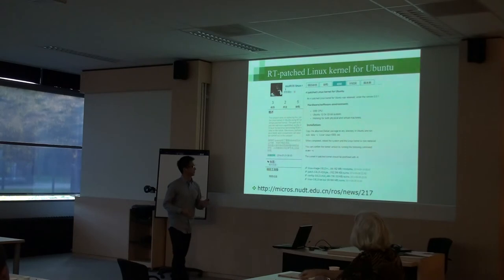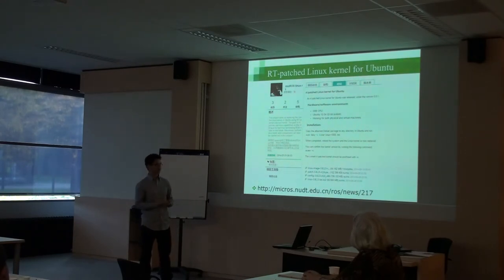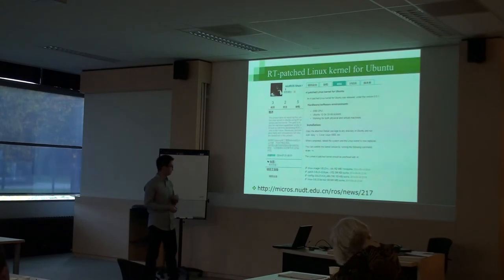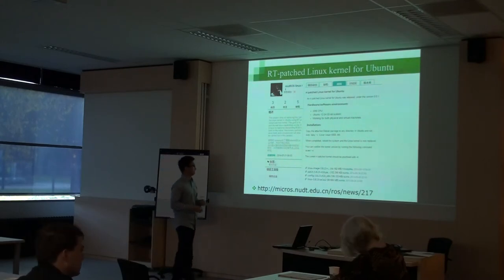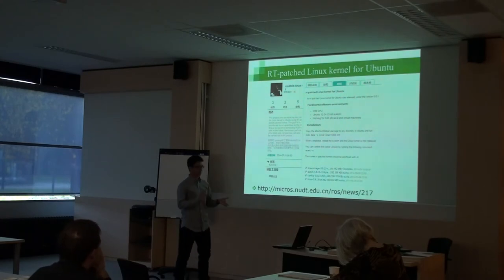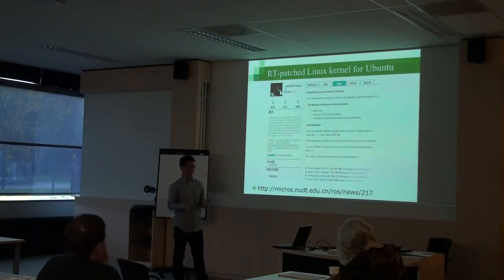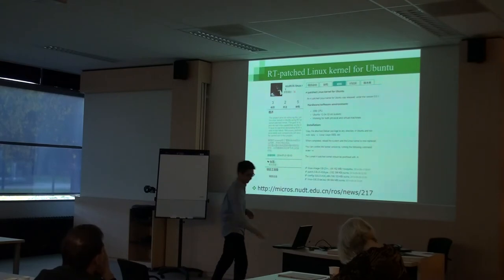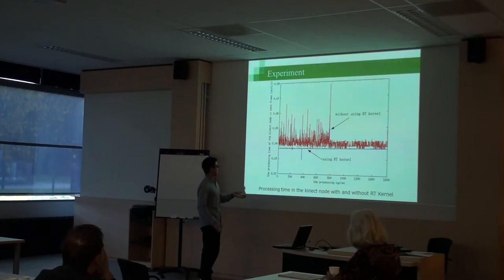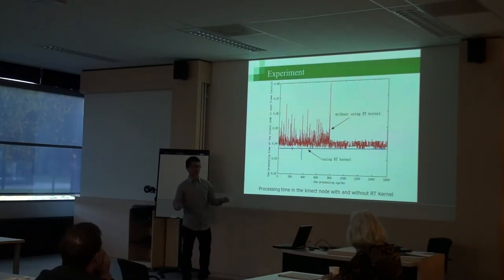And the thing I want to introduce to you is the RT patch Linux kernel for Ubuntu. It was developed by other groups at our university. It is about how to improve the real-time performance of Ubuntu. Here we did an experiment with the patch, measuring the processing time in the kinetic mode with and without the RT kernel.